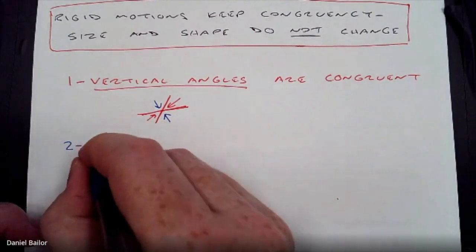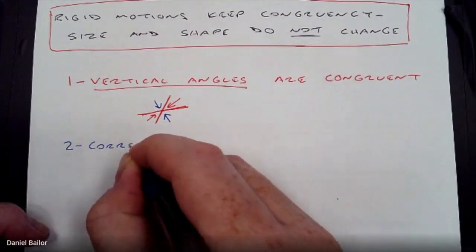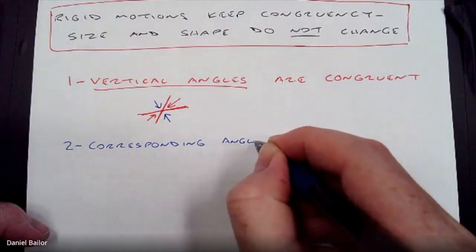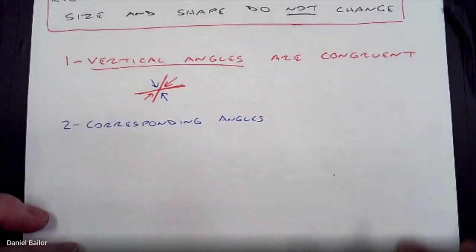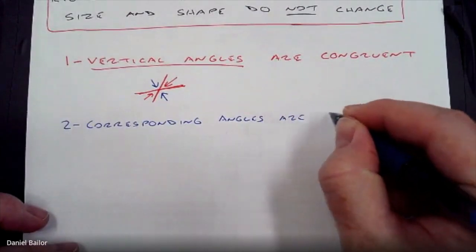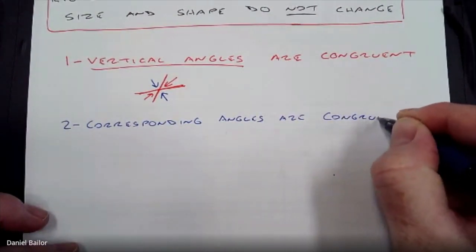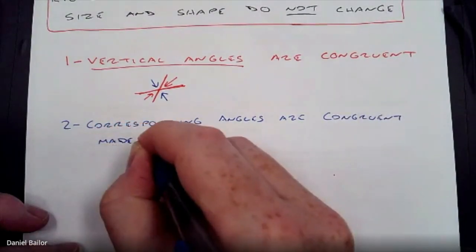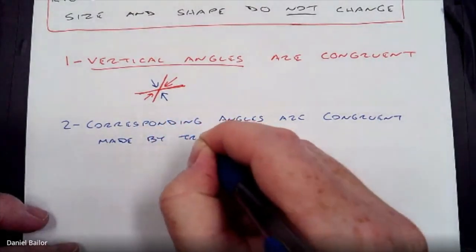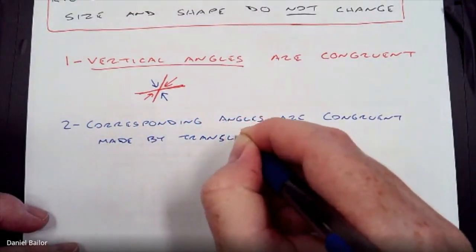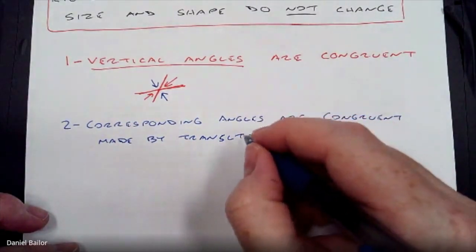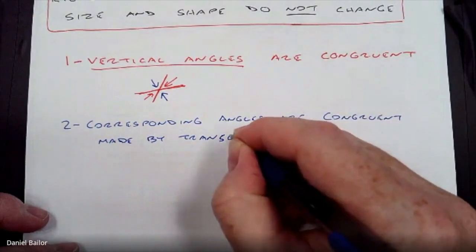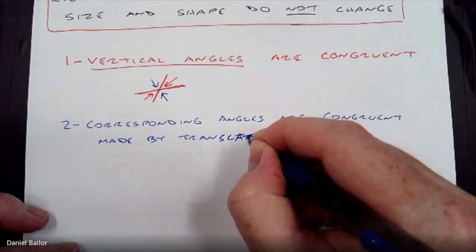For number 2, let's talk about corresponding angles. Corresponding angles are congruent. They are the same. They are made by translating.